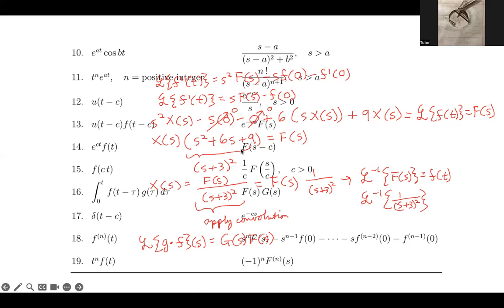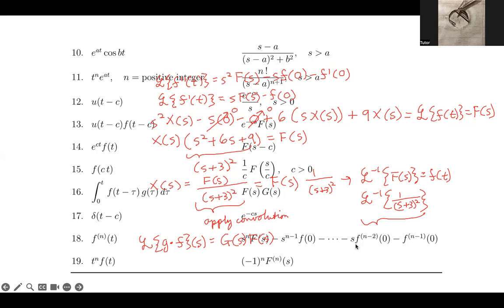So let's write that down over here. Over here n is equal to 1 and a is equal to -3.